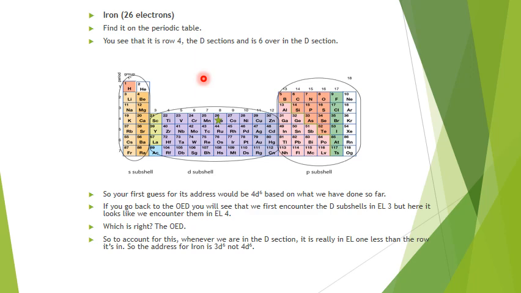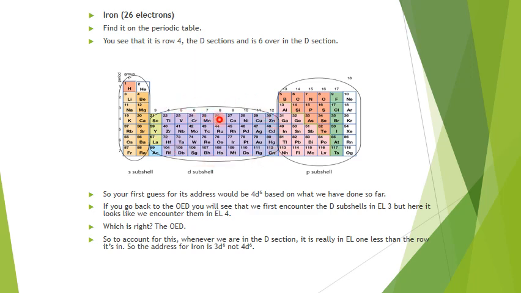Energy level 1 had an s, energy level 2 had an s and p, energy level 3 had an s, p and a d. So the d's are not really in their row's energy level. Any of the elements in the d section have an energy level one less than the row they're in.